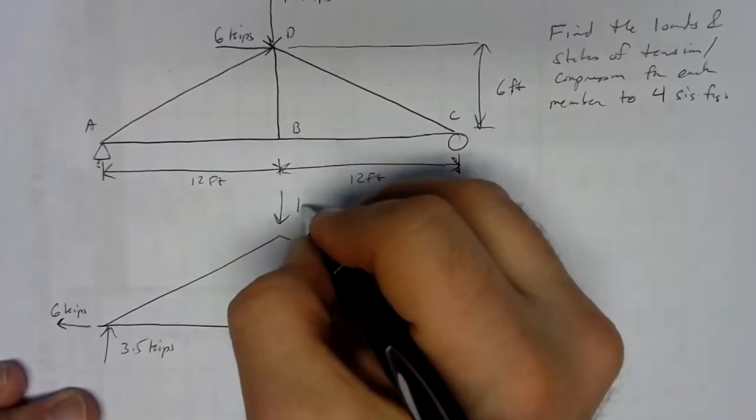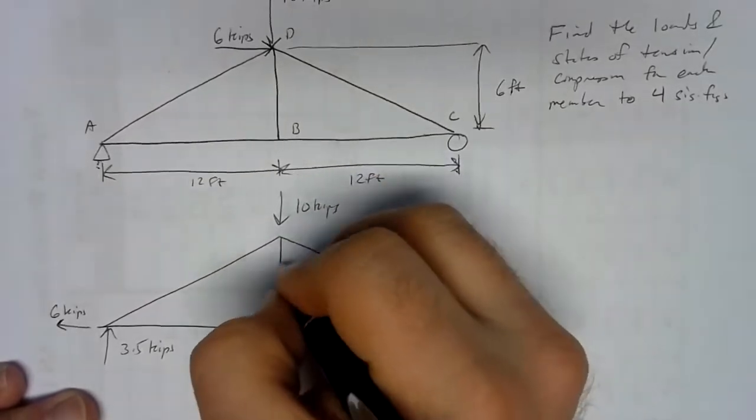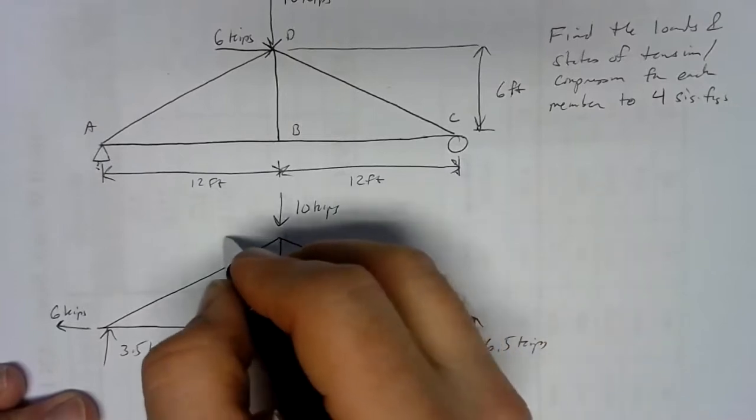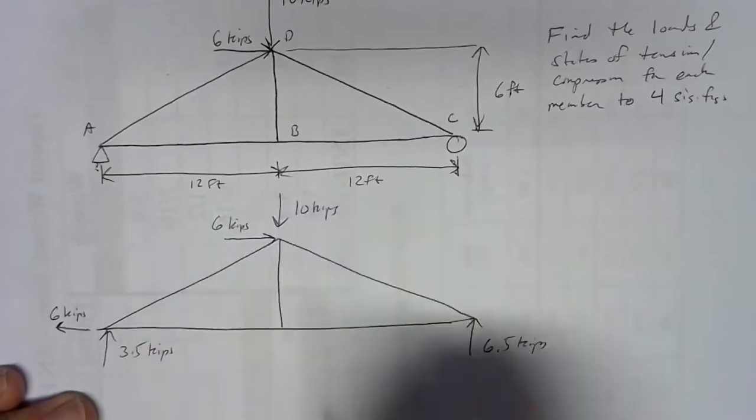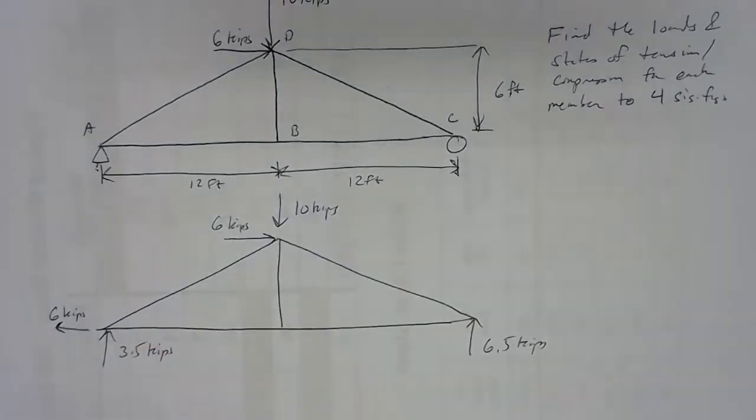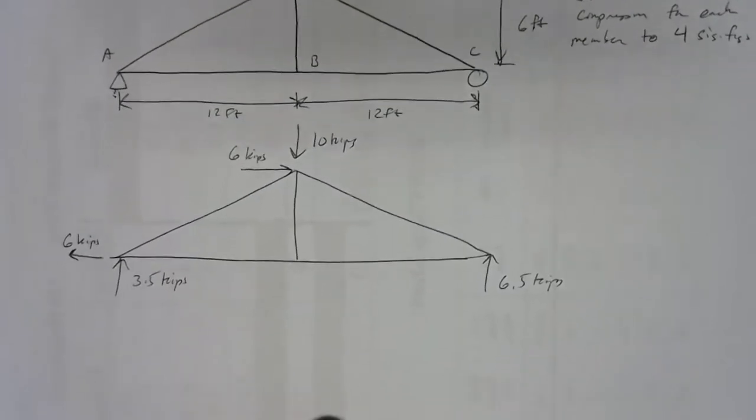We've got 10 kips. And we've got 6 kips. All right, so that's what the external problem looks like.